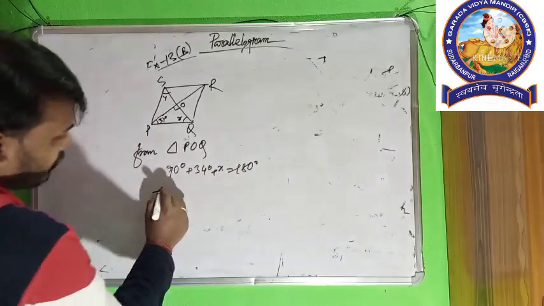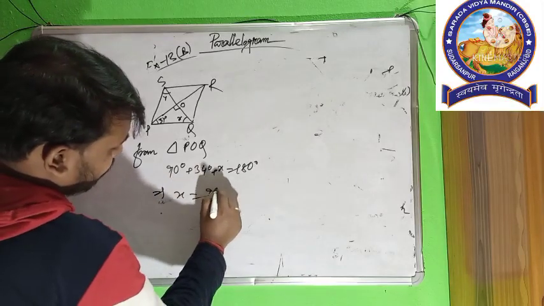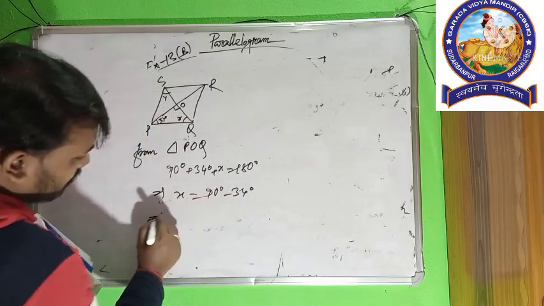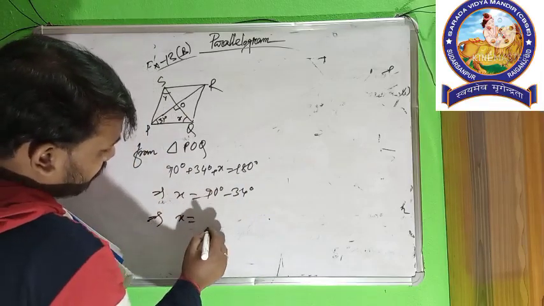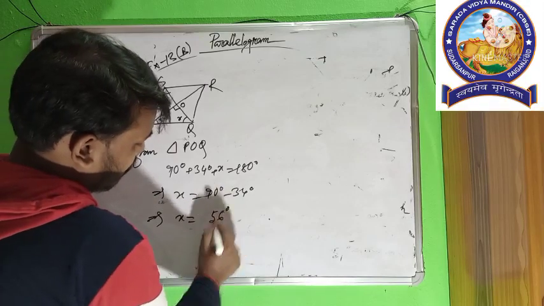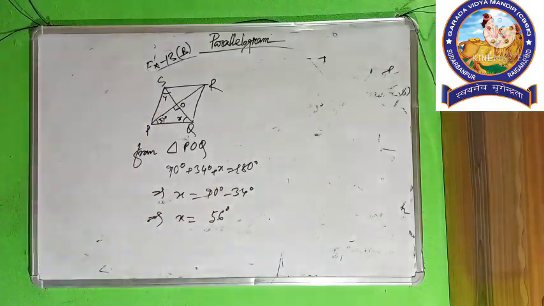So x equals 90 degrees minus 34 degrees, which implies x equals 56 degrees. Now how can we find the value of y?